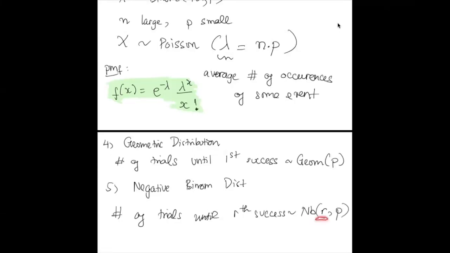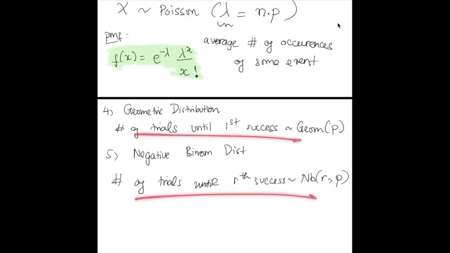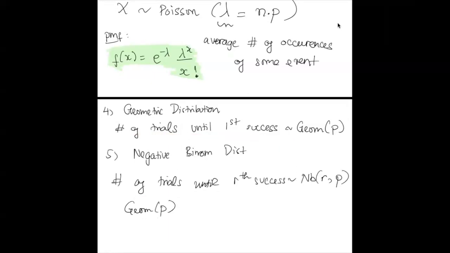R is the number of desired success that we want, and p is the probability of success in each trial. So based on the description, we can see that a geometric distribution with parameter p is just a special case of negative binomial distribution where r equal to 1.